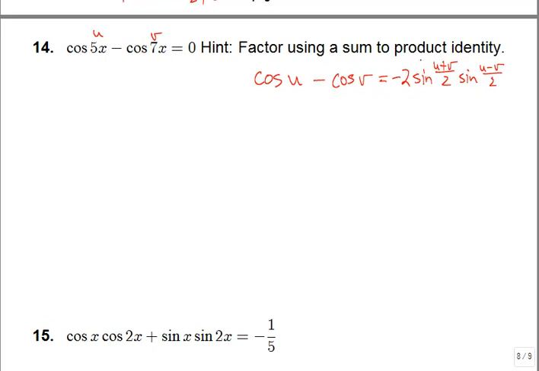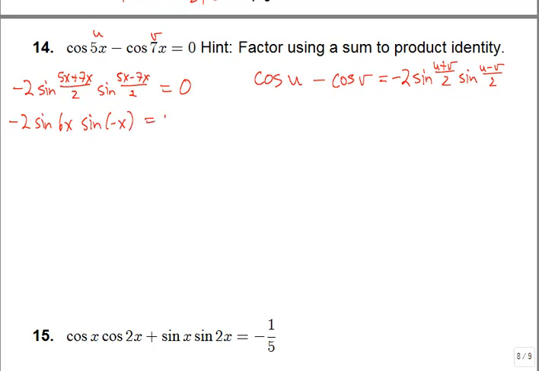So we're going to apply this identity to this left-hand side. It's going to become -2 sine of the u plus the v all over 2 times the sine of the u minus the v all over 2, and we want that to equal 0. If we simplify, 5x plus 7x is 12x, dividing that by 2 gives you 6x. 5x minus 7x is -2x, dividing that by 2 gives you a minus x.